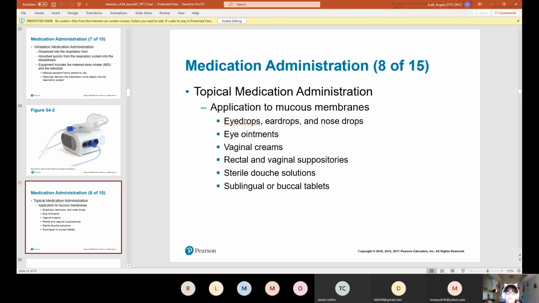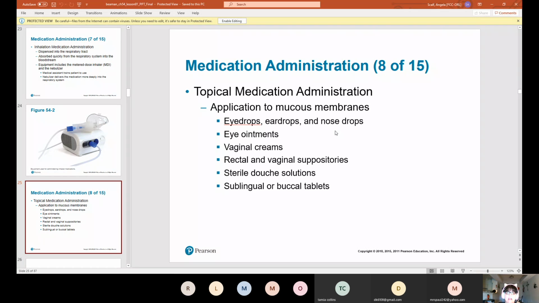And topical is anything that you're going to apply, we think, to our skin, right? To something that's going to be absorbed. Now, eye drops, ear drops, nose, eye ointment, vaginal cream, and rectal and suppositories and so forth like that.